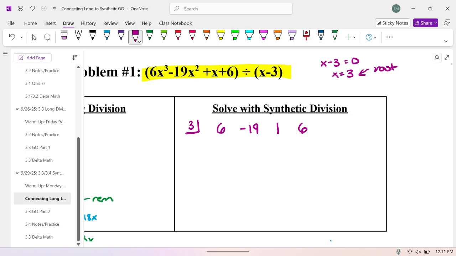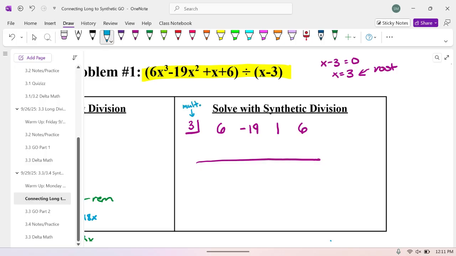Now, I'm then going to draw a line. With synthetic division, it's just a lot of multiplying and adding. So if you can multiply and add, you're golden. Your root is what you want to multiply by.